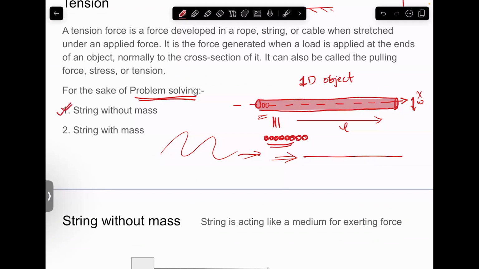For example, very thin strings, such as the string which you use for stitching clothes, have a negligible amount of mass.